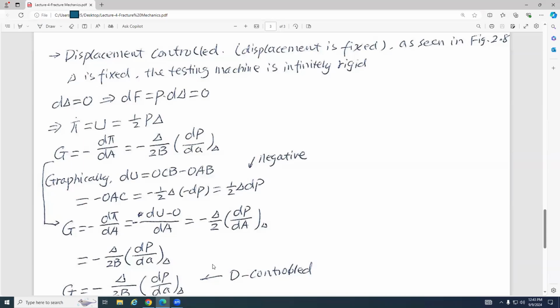That means for displacement control, the external force does not create any work, and the potential energy of the whole body is only related to the strain energy. Okay, guys. So you can see Π equals strain energy U.